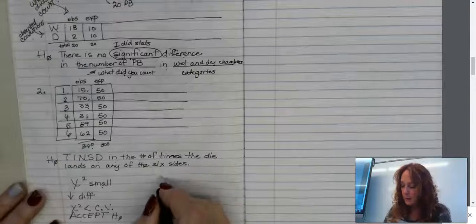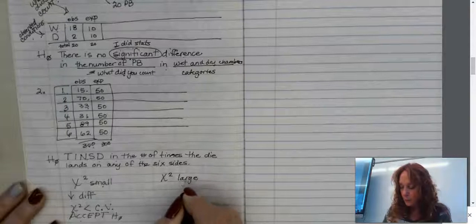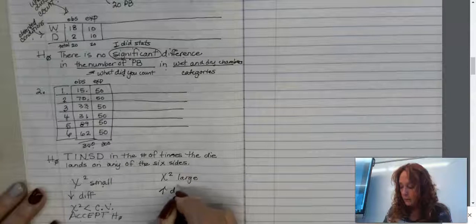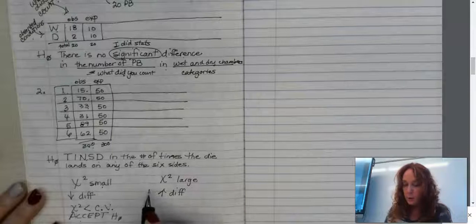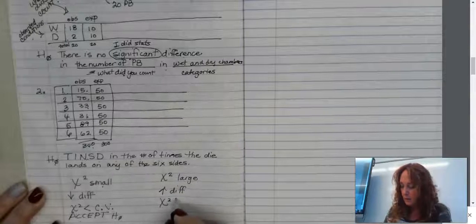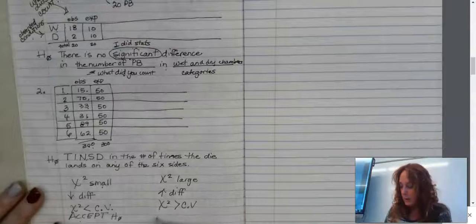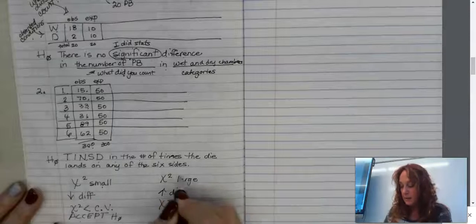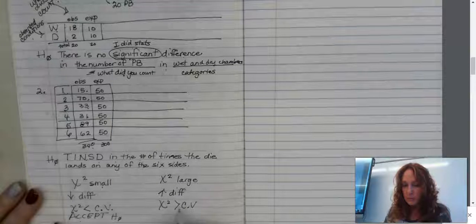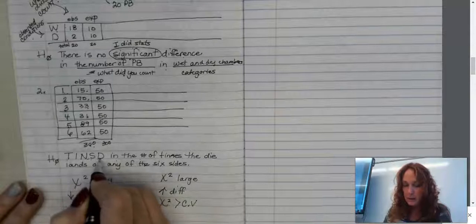If instead you get a big old chi-square, which is an indicator of big differences between what you saw and what you expected, your chi-square value would be larger than your critical value, and you would say these differences are too large to be due to chance, so there is a significant difference.